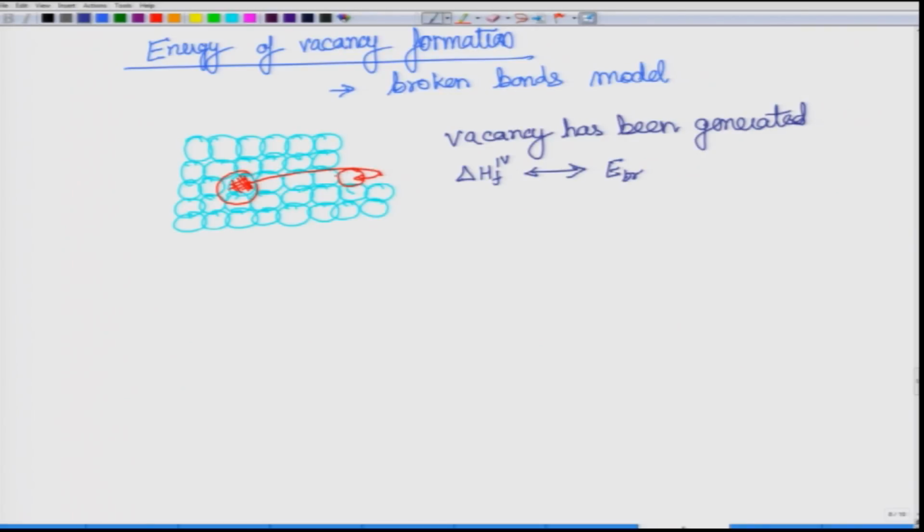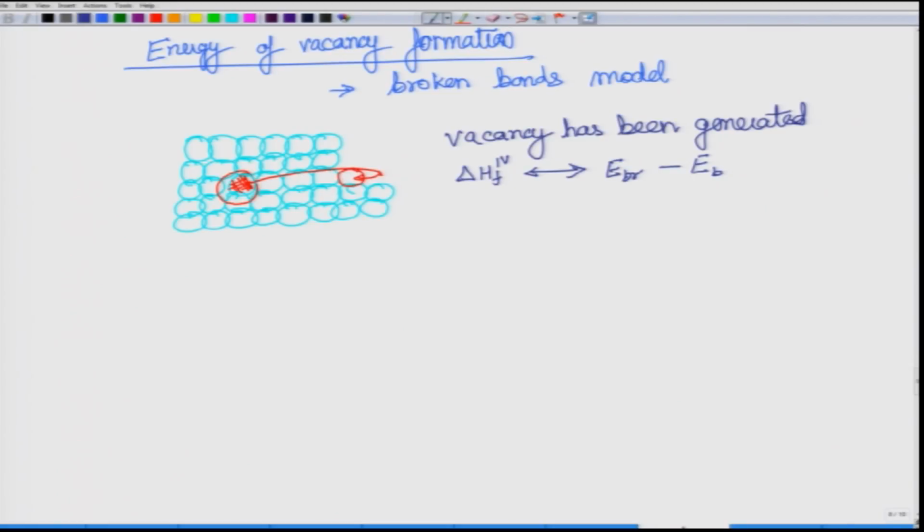But at the same time, when it goes to the surface, because we cannot reduce the number of atoms, it will form some bonds over there. So, there will be bonding energy. Now, this is the difference between the number of broken bonds when the atom was at this site and the number of bonds that are over here.